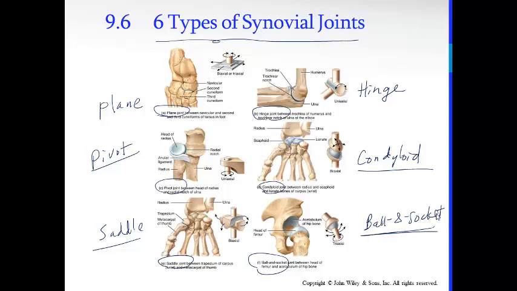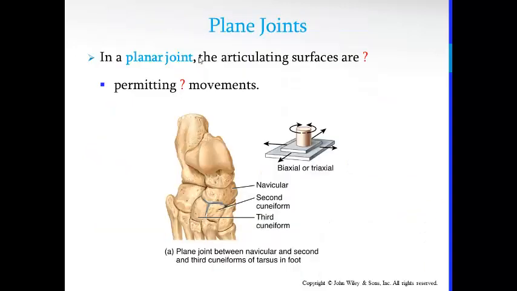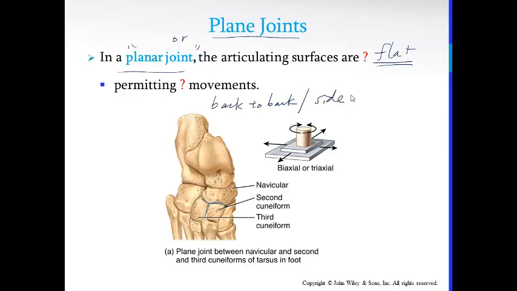Okay, so let's take a look at our plane joints. Sometimes you'll see them called planar joints, either will be fine. This occurs when we see two flat articulating surfaces. This allows you to go back and forth, or sometimes side to side.